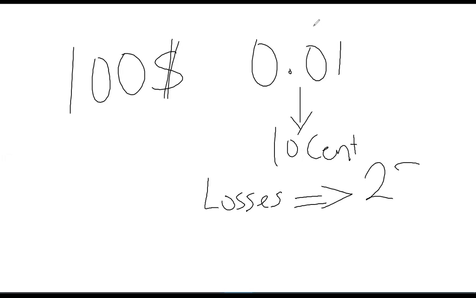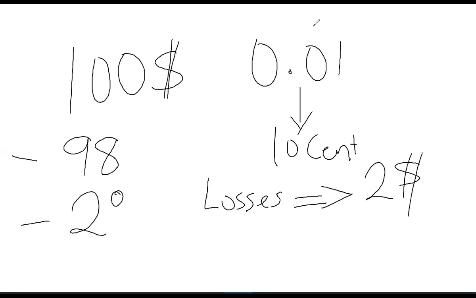Are you getting me? Now he has only lost what? How many percent? His account will be what? $98. He has only lost what? 2%. And in the next trade, he can easily make back that 2%. Are you getting me? He can easily make back that 2%.